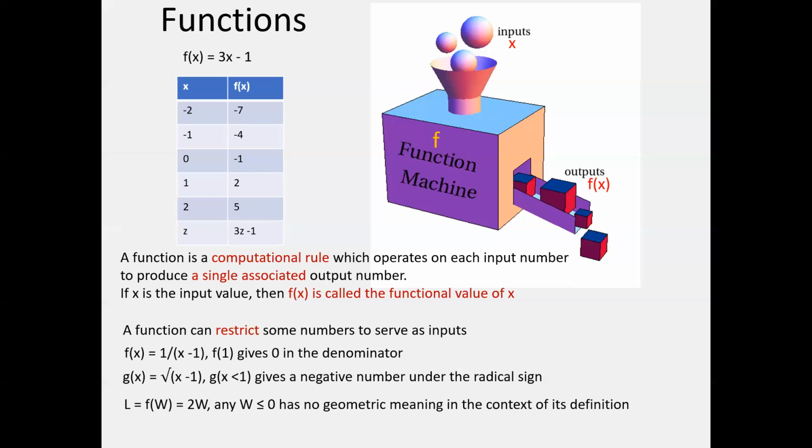And just another piece of vocabulary, the set of valid input numbers that we have for any function is called the domain of the function. And we'll be looking at different domains of functions. Some functions have restricted domains and others don't, particularly when we get to mathematical laws. Mathematical laws are valid for certain pieces of the domain, and they're not valid for other pieces of the domain.